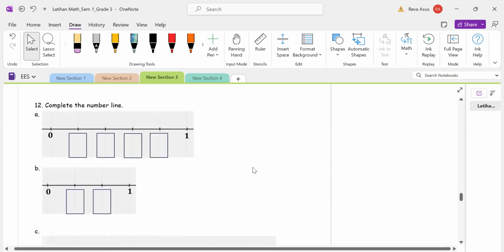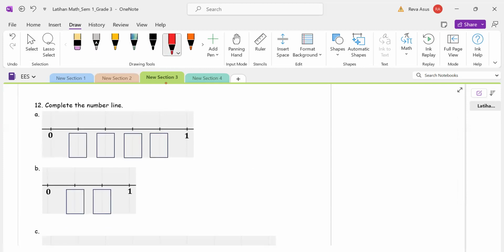Next, number 12. Complete the number line. Look, we have the number 0 and 1. The difference between 0 and 1 is 1. Yeah. And then look. This is divided into how many equal parts from 0 to 1?